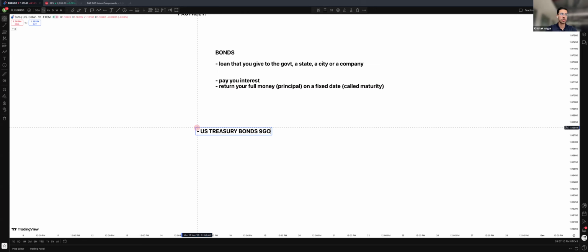These are government bonds. So these are the bonds that are given out by the government. So you invest money and then they give you interest, and they give you the principal amount back on a fixed date called maturity. US Treasury bonds are very safe because it's a government bond.